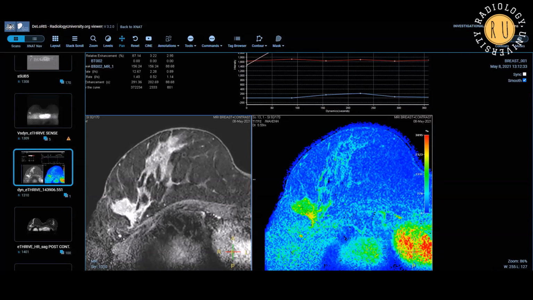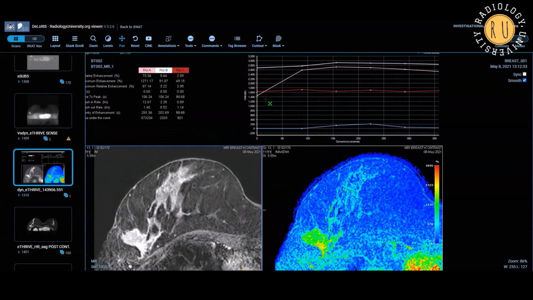This lesion is also showing moderate perfusion, but there are some areas, especially around the spicules, that are reddish, showing higher perfusion. And this is called the curve, and you place it in the lesion and see whether it's showing early wash-in and wash-out.